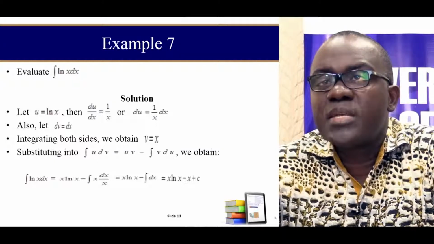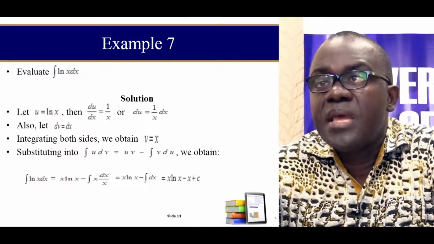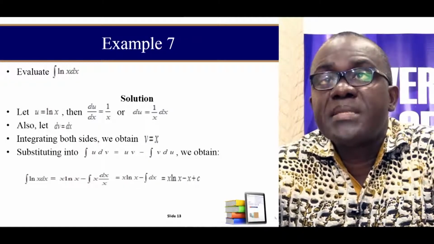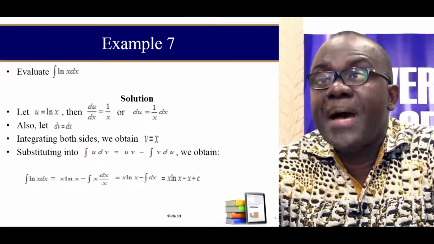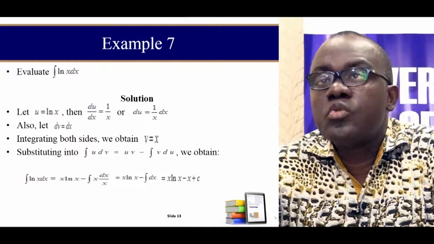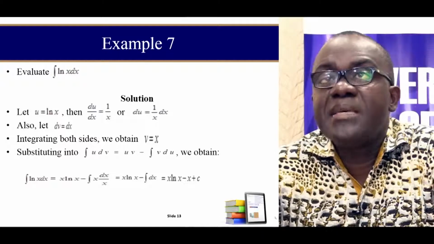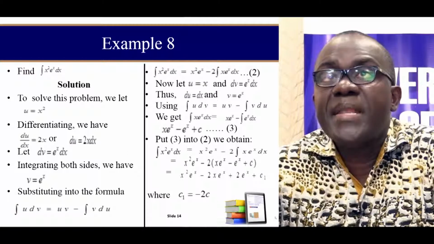This one is already there. And when we simplify it, we reduce it to this integration and then the constant, since it's an indefinite integral. So it will be very difficult to do this integration, but with the help of integration by parts, we reduce it into this equation, which is quite easier to manage.